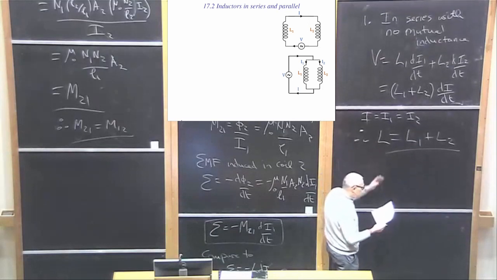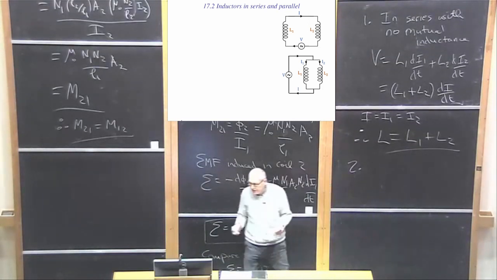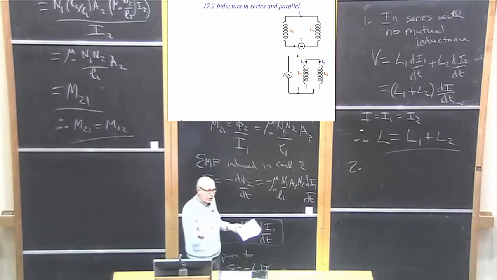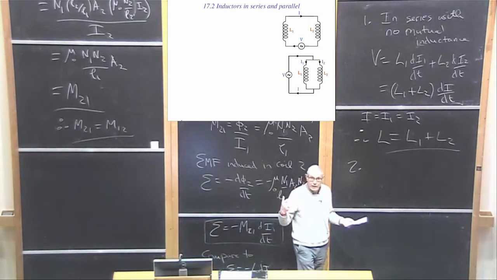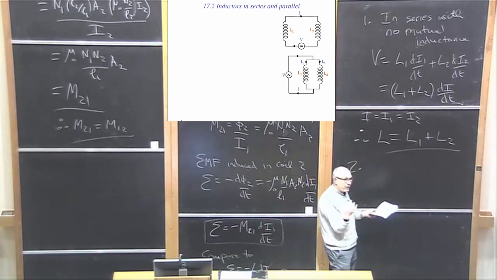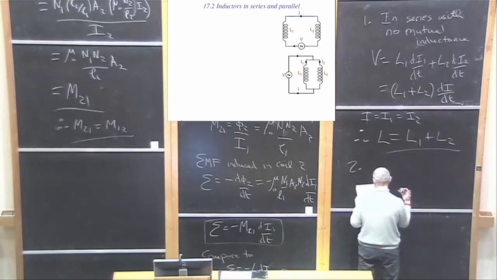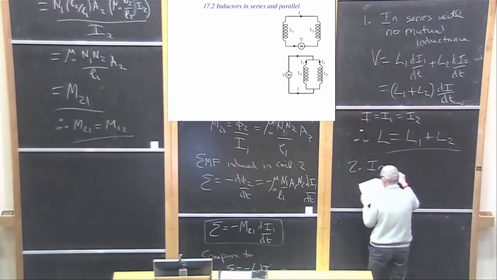I don't know if you've seen this one though. So let's say they're in series, but some of the flux from this coil links the other coil. So you have mutual inductance as well, and this mutual inductance also acts as an impedance to the flow of current because you produce more back EMF.